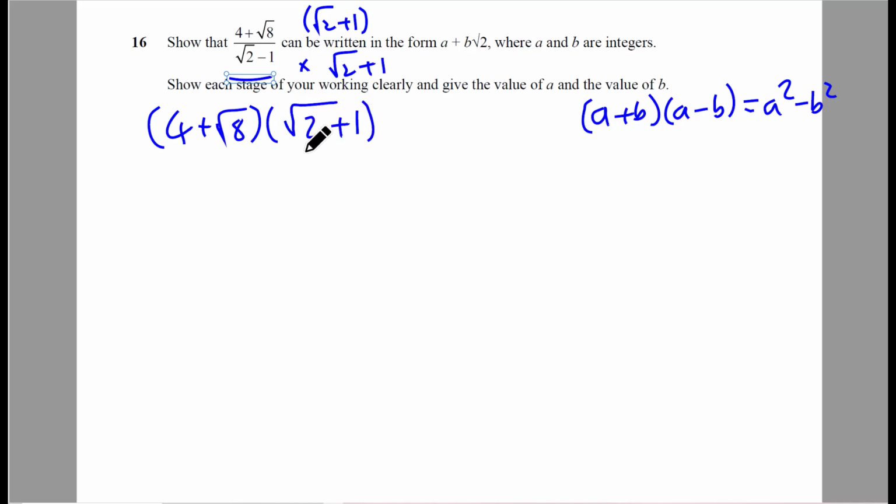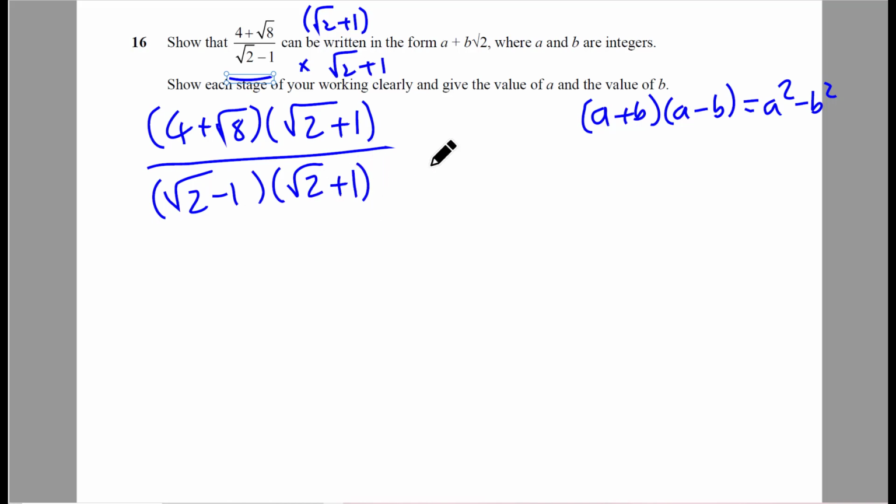If you get the plus wrong and don't have the plus 1 here, you're going to go wrong straight away. And remember, if this was a plus here, this would be a minus here. So knowing this fact here helps. So all we're going to get is root 2 times root 2 at the bottom, which is 2, minus 1 times a plus 1, which is minus 1.